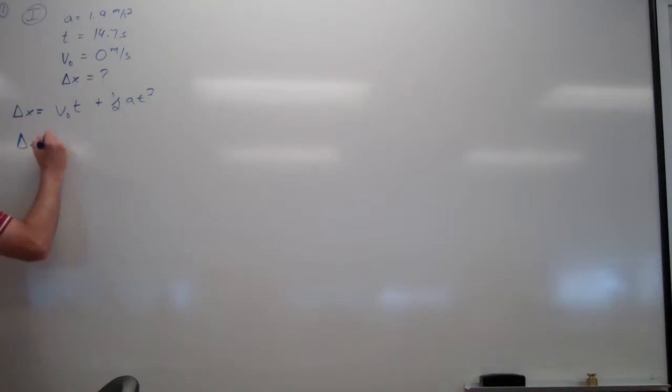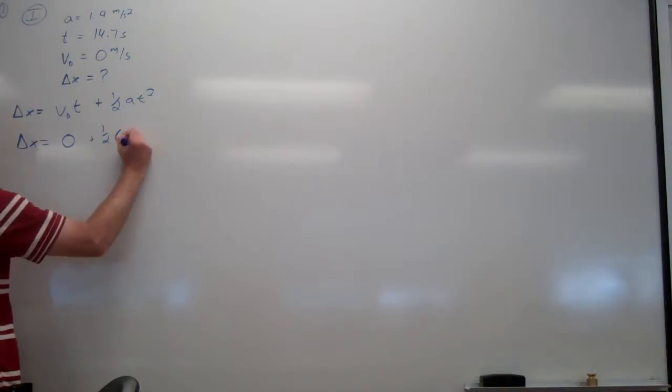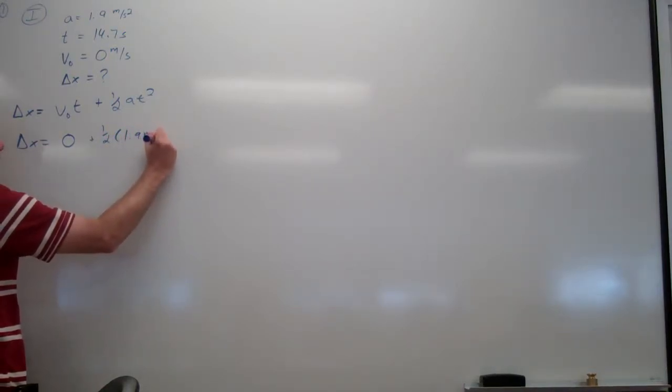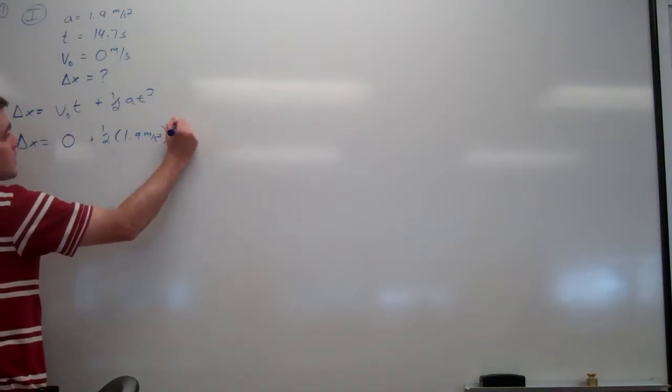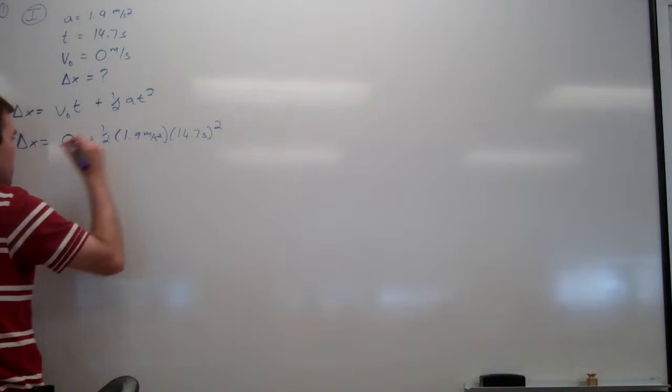Delta x equals, I'm just going to make this whole thing 0 because initial velocity is 0, plus 1/2, times our acceleration, 1.9 meters per second squared, times 14.7 seconds quantity squared.